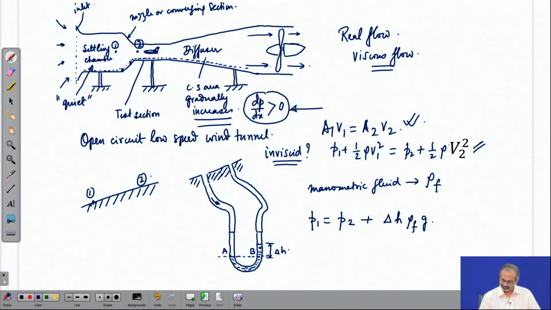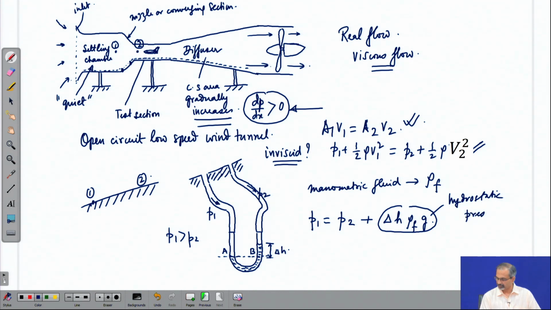So, P1 is sensed by this side, P2 by this side of the manometer. P1 is larger than P2, and therefore the manometric liquid is pushed further down on the limb which is connected to the P1 side, and the difference in pressure between the two is basically given by the hydrostatic pressure equation.